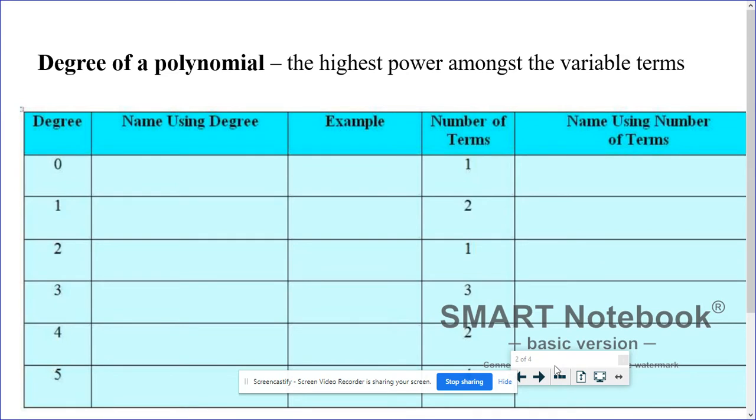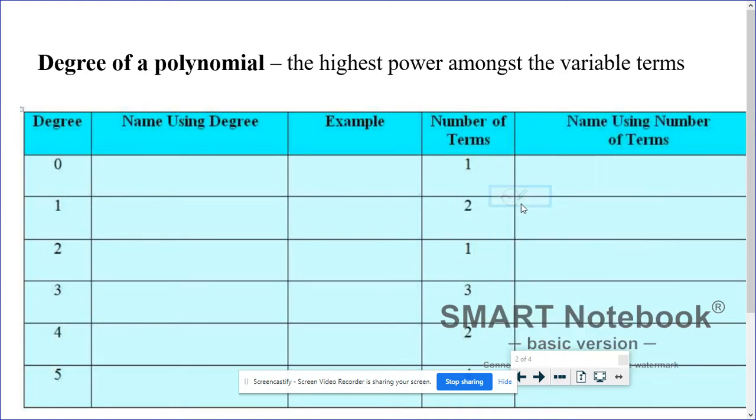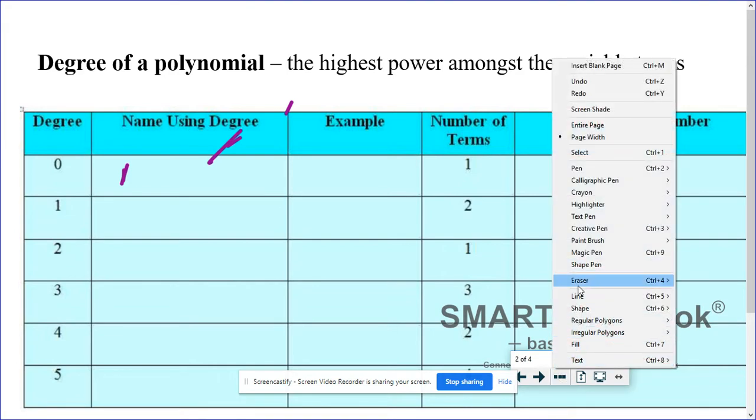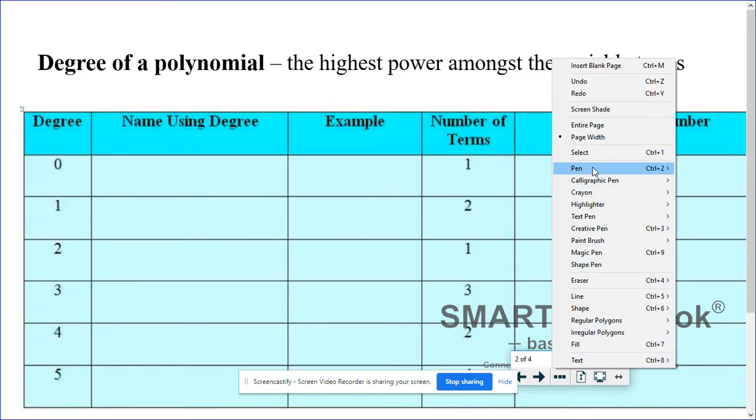So the degree of a polynomial is the highest power among the variable terms. If you have degree 0, that is what's called a constant.